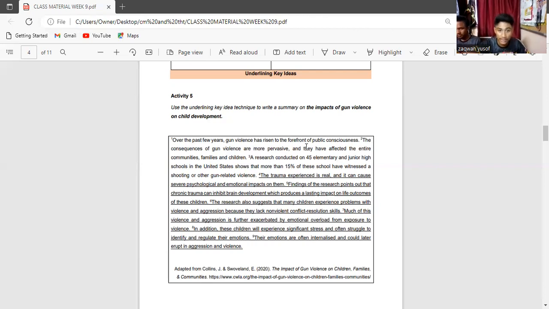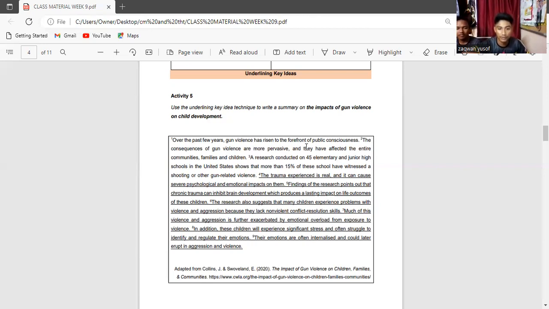Okay, the answer is the trauma experienced is real and it can cause severe psychological and emotional impacts on them. Findings of the research point out that chronic trauma can inhibit brain development, which in turn causes a lasting impact on life outcomes of the children.